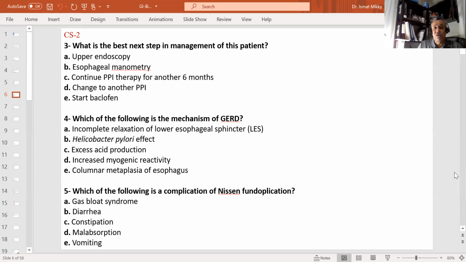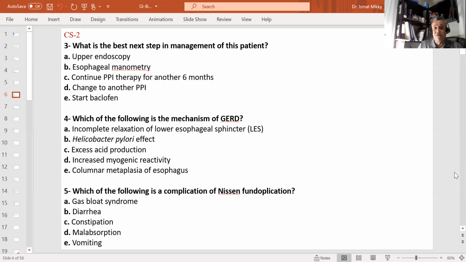Now, number 4, which is the mechanism of the GERD disease. In previous slides, we did say that the disease results from the incomplete relaxation of the LES, either pressure increase or low tone.